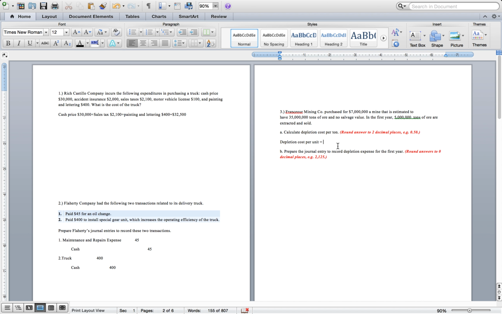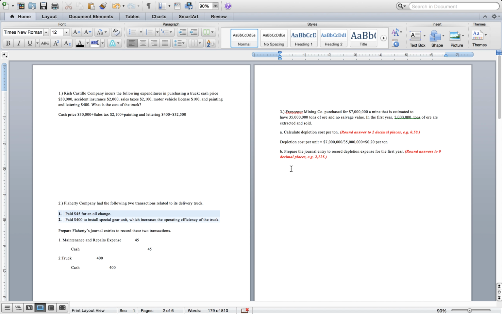You want to start off with how much you paid for that mine, which was $7 million. Then you want to divide by how many tons of ore you can get out of it, the units of activity, which in this case is 35 million. Okay, so this will be 20 cents per ton. So each ton of ore that comes out of that mine will cost 20 cents.